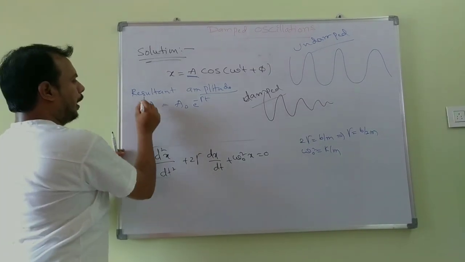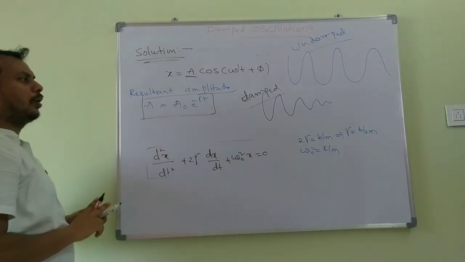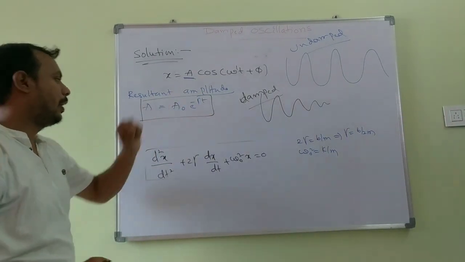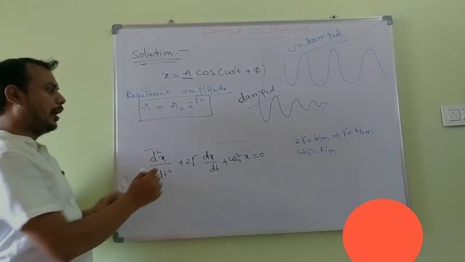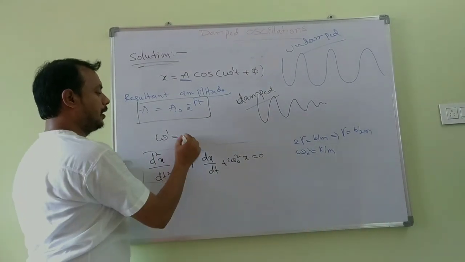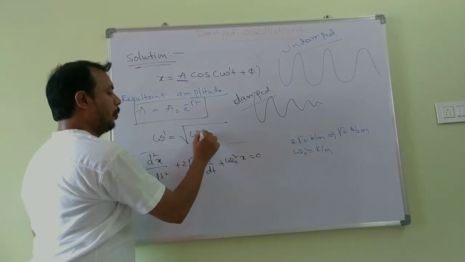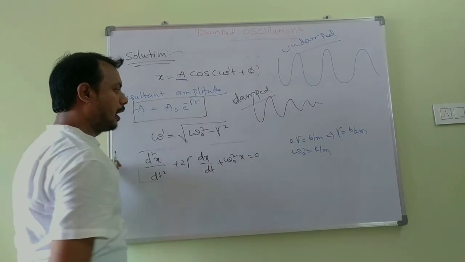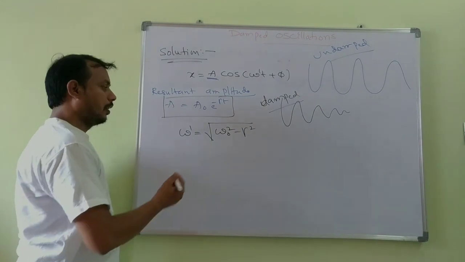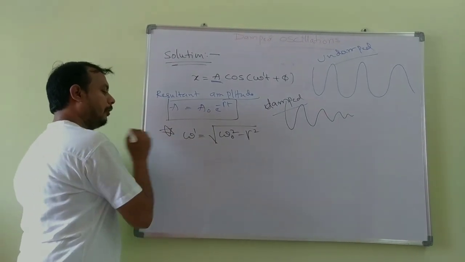So the amplitude A equals A naught e power minus gamma t. And what is omega dash? Omega dash is the resultant angular frequency, which equals root over omega naught square minus gamma square.